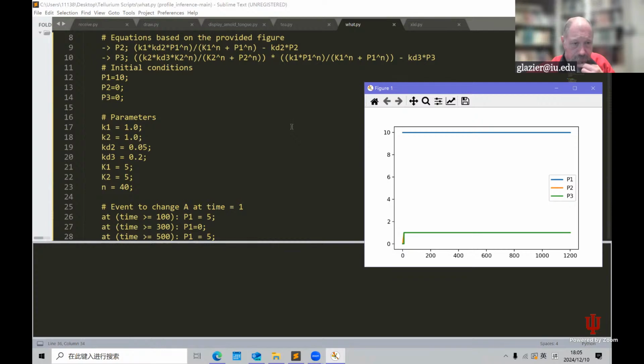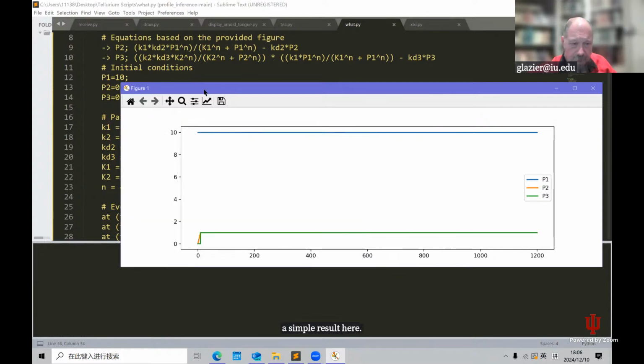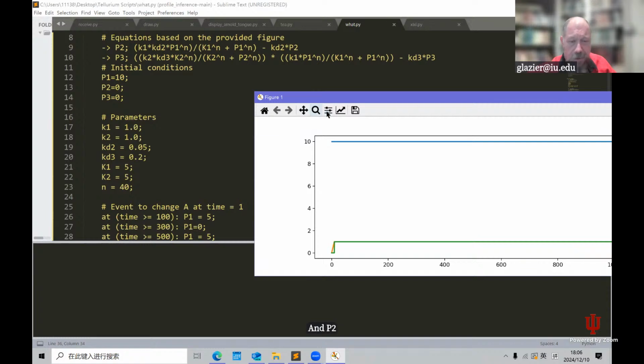I'm actually puzzled why this one is not doing what we'd expect. The one that's puzzling me the most is P2, because P2 should be a simple result here. P2 is essentially going to point one and then stopping. So why is it going to one? K1 is 5.